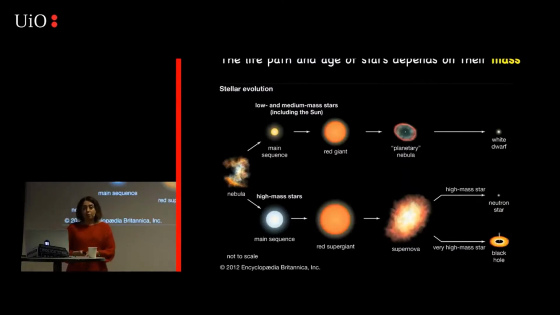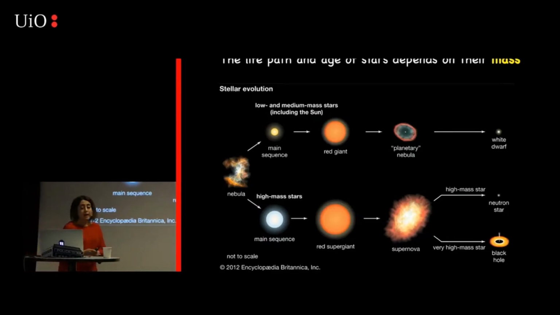Another important point that I would like to make about stellar evolution is that the life path of stars and the age of them depends on their mass. So their mass is a determining factor that determines how long they can live and which evolutionary path they can take. Here you can see two evolutionary paths.